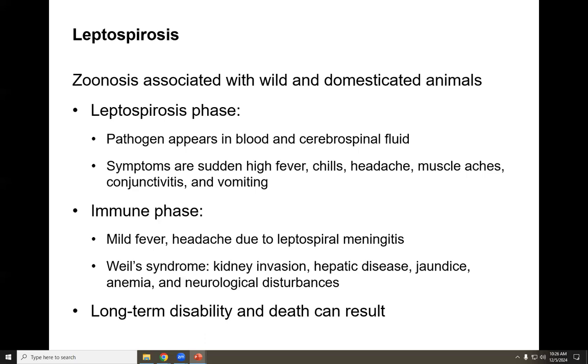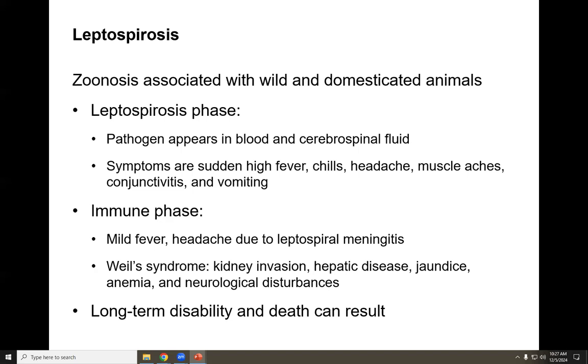You could have just normal sick symptoms, where the pathogen will be in the blood and the cerebrospinal fluid, with fever, chills, headache, muscle aches, and vomiting. But if it shifts towards that immune phase, now you aren't having as many of those typical sick symptoms, but you will potentially have meningitis, kidney and other tissue invasion that can lead to damage of the tissues. That's called Weil's syndrome.